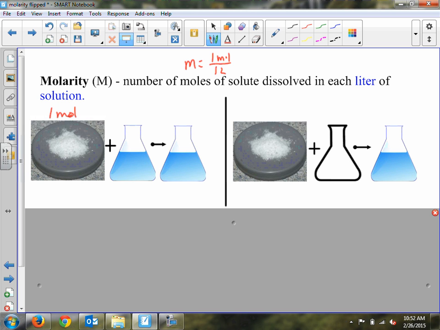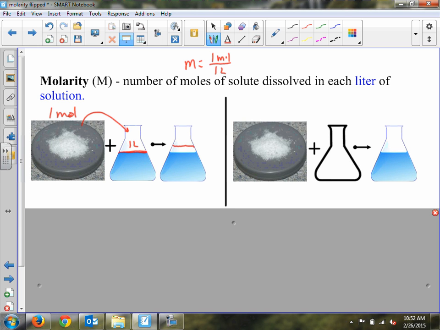If we measure out the mole, and then measure out exactly 1 liter of water, and pour those into that flask, what happens to the volume of the solution? When that powder goes in, the liquid level would actually rise, and now we no longer have 1 liter of solution. I've got a little bit more than that.